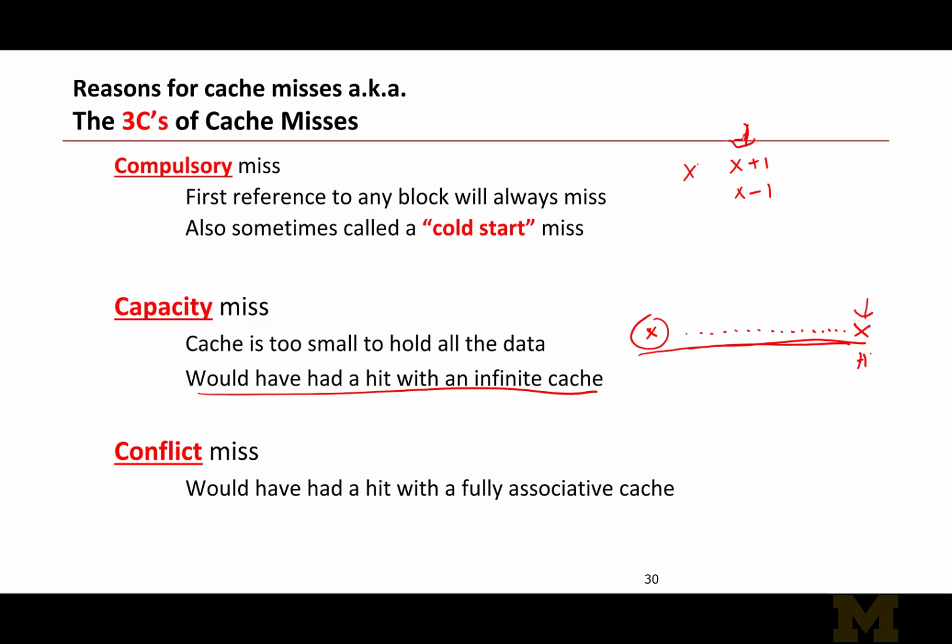So the example that we have been talking about is, let's say you have a direct mapped cache, and let's say the blocks A and B happen to map to the same cache line. And so if they are accessed alternately, we said, well, A and B would kick each other out from the cache. As a result, you may end up with a cache hit rate of 0%.